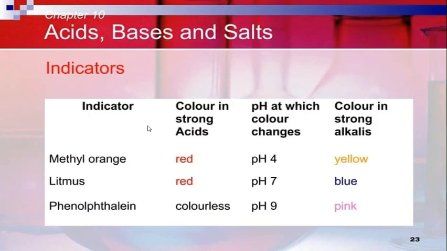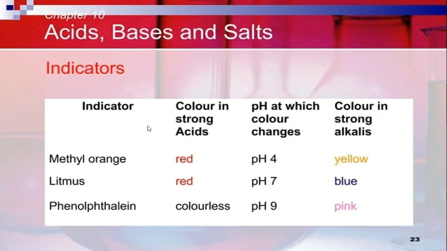So other indicators include methyl orange, litmus, and phenolphthalein. The color in strong acids is red for methyl orange, red for litmus, and for the third one, phenolphthalein, it is colorless. So this is the pH at which color changes.